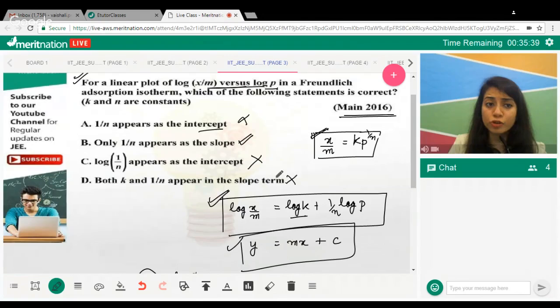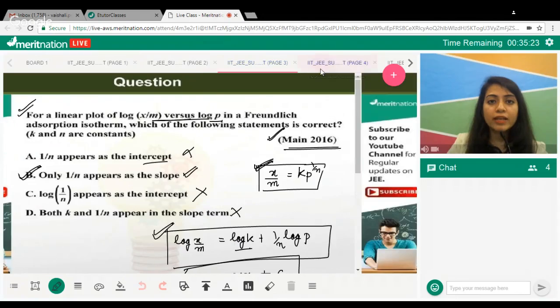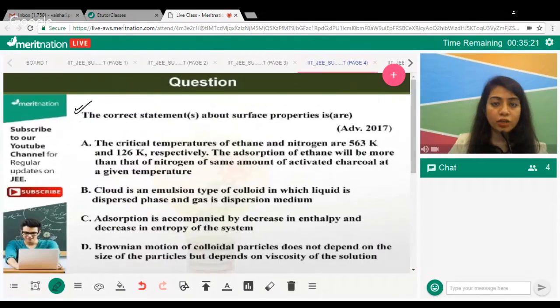That is also wrong. So the answer here is B. I hope you understood this question. This was also an important question asked in Mains 2016, which is directly based on your basic concept regarding the Freundlich adsorption isotherm.